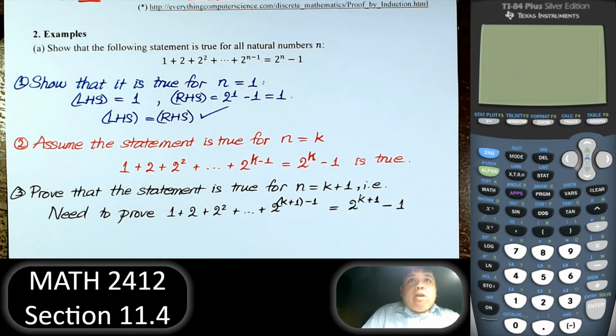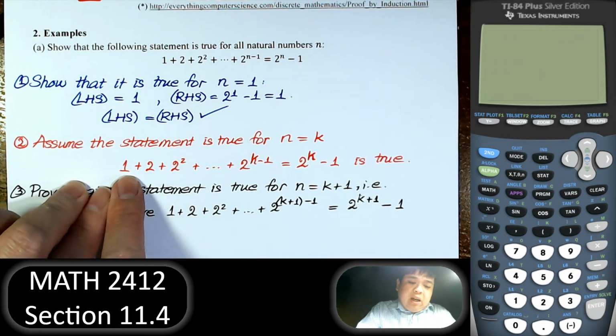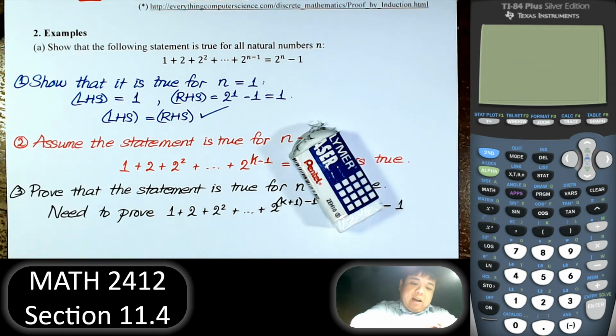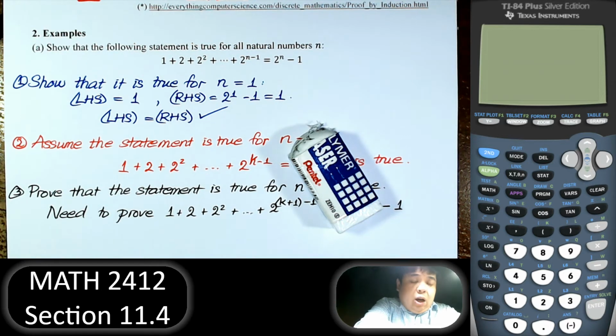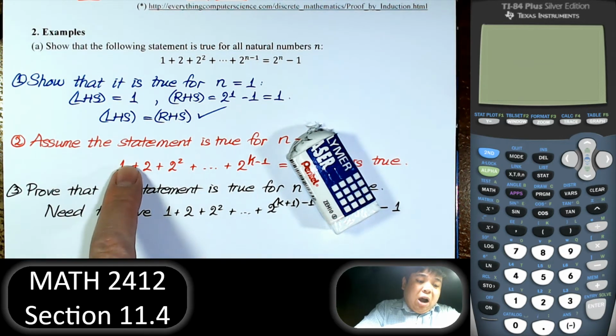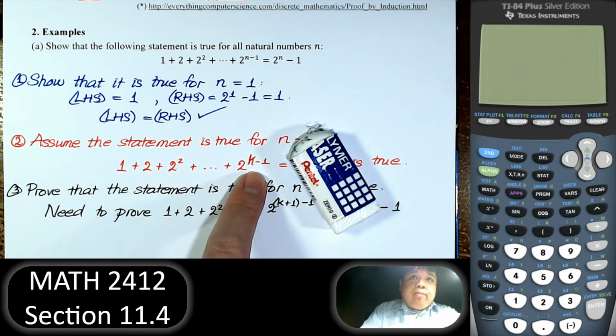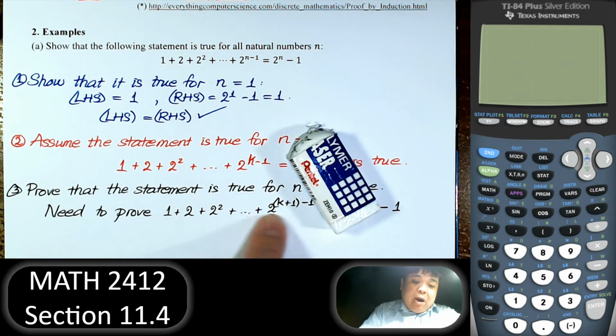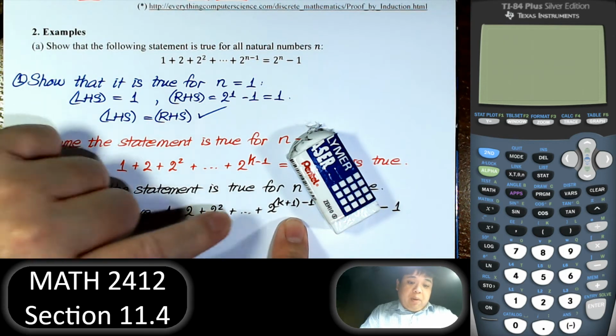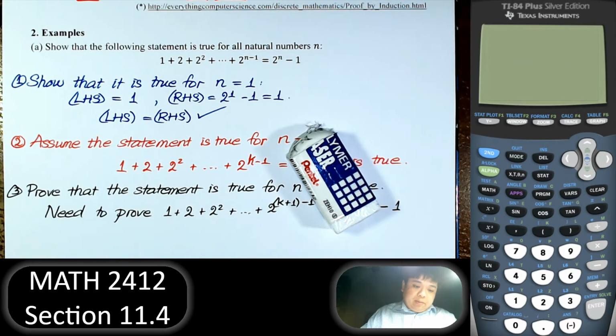So how do we prove that? Now notice, and I'll focus on the left hand side of both of those, the powers go from 2 to the 0 power to 2 to the k minus 1. This one goes from 2 to the 0 power to 2 to the k. So compared to that statement, we have one more term.